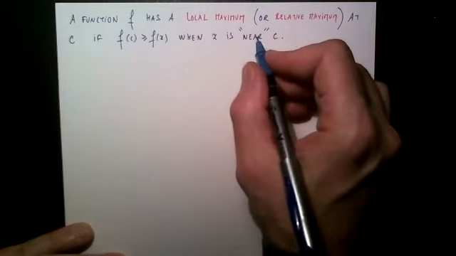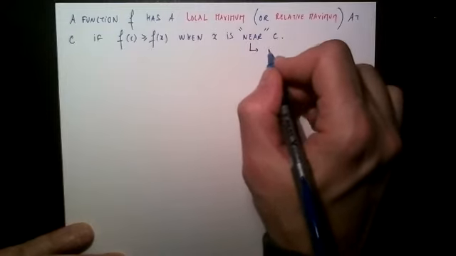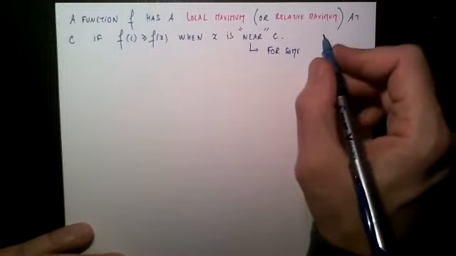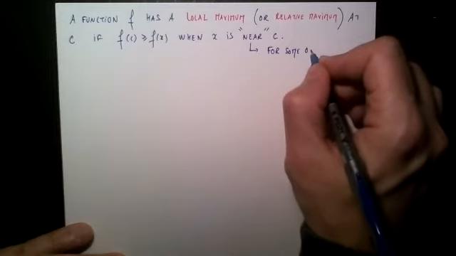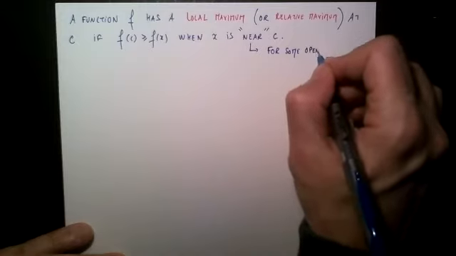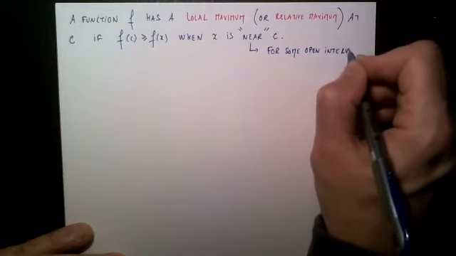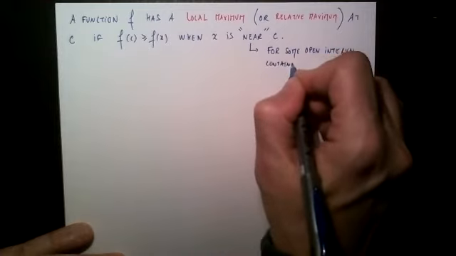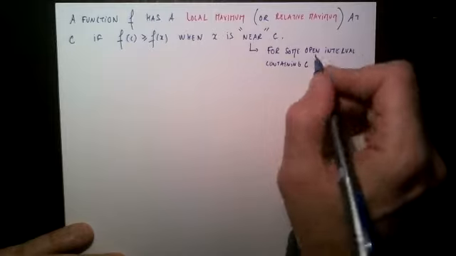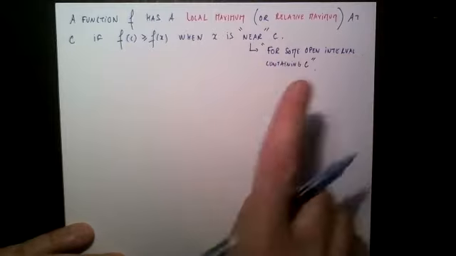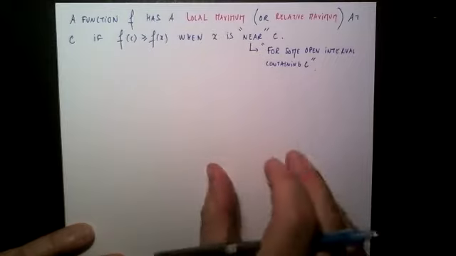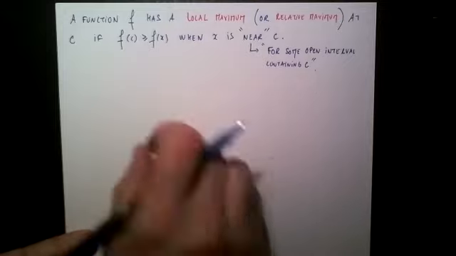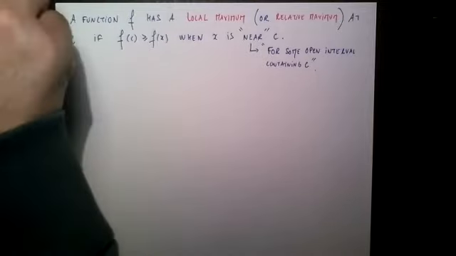I'm going to write like this: for some open interval containing C. Okay, and this is a bit complicated. I'm going to try to explain to you with a little picture in a minute. Let me just do the equivalent for the local minimum, and then I'm going to explain.